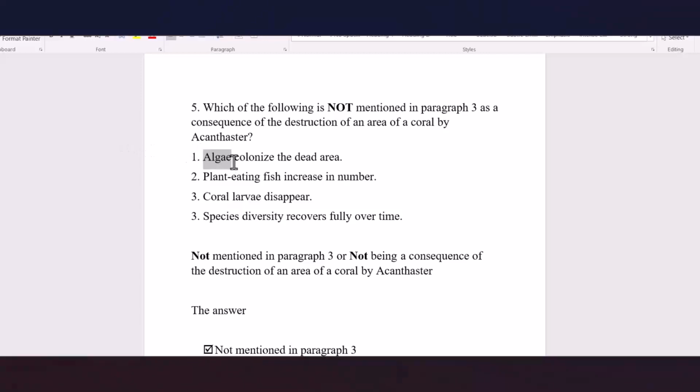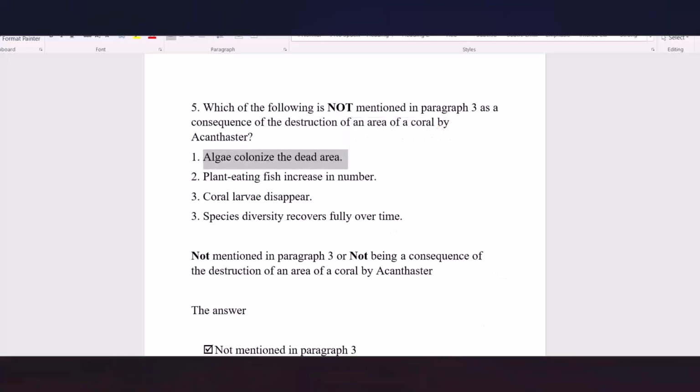Another interesting point is that algae is both singular and plural, and according to your intention, you can use a singular or plural verb to accompany it. And here the author means a plural algae, and due to that, he has employed colonize, the plural version of the verb, to accompany algae. Algae colonize the dead area.